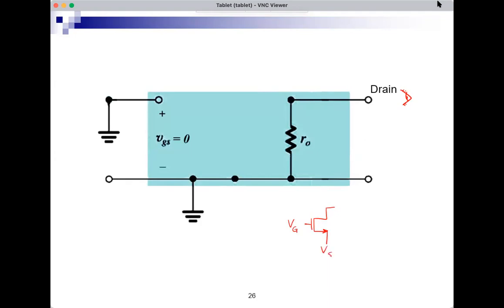This is VS and it's pure DC. If I'm looking into the drain, I'm doing small signal analysis, and I want to see the resistance looking into the drain, then I would see a small RO. Why? Because this is VG pure DC. This is VS pure DC.